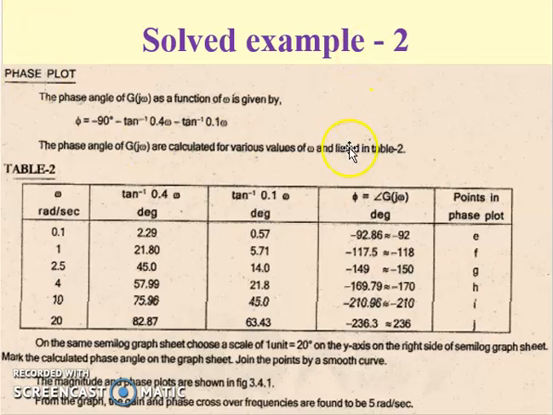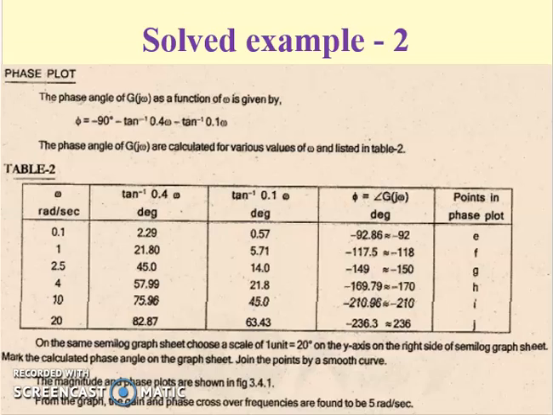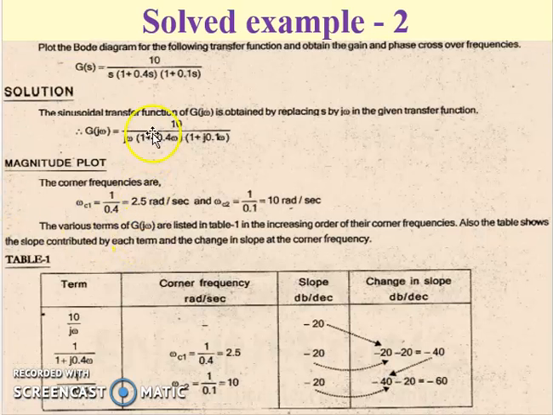Now moving on to the phase plot. In the numerator, the 10 is going to be 10 angle 0 degrees, so you don't have any phase contribution from the numerator, but the denominator is going to have minus 90 degrees, minus tan inverse 0.4 omega and minus tan inverse 0.1 omega.